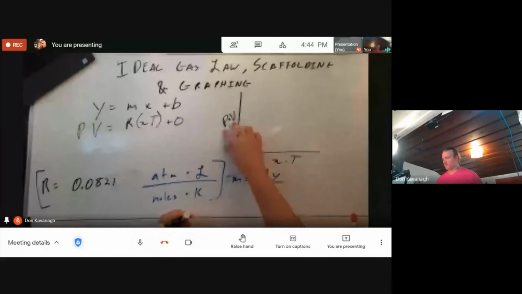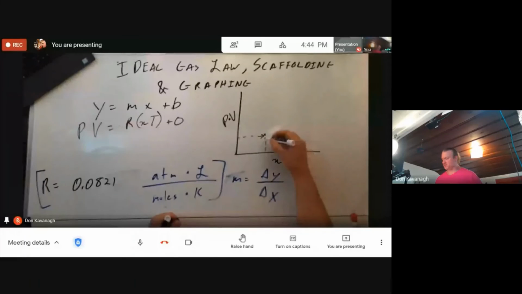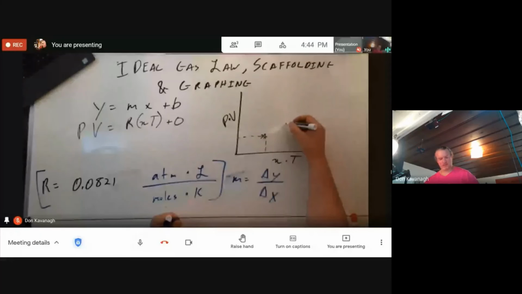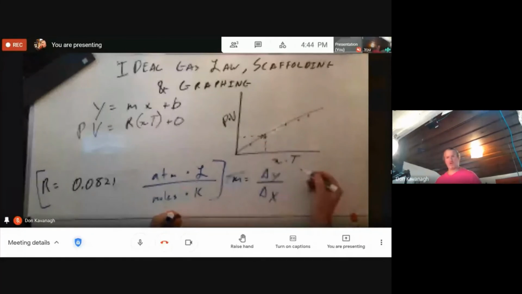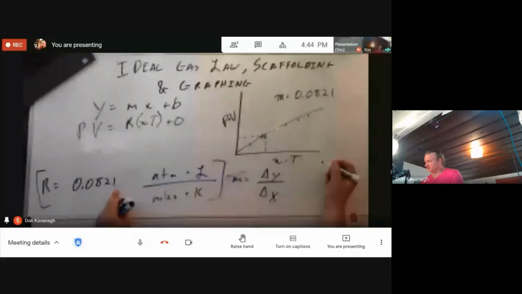They would take the values for number of moles and T, multiply them, and get a data point. They did that again and again, and a straight line was observed. The slope of that line is, you guessed it, 0.0821, and any graph is delta y over delta x, PV divided by nT.